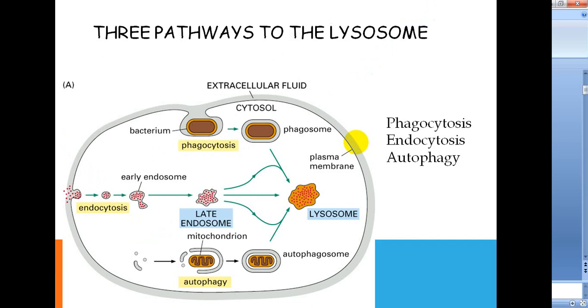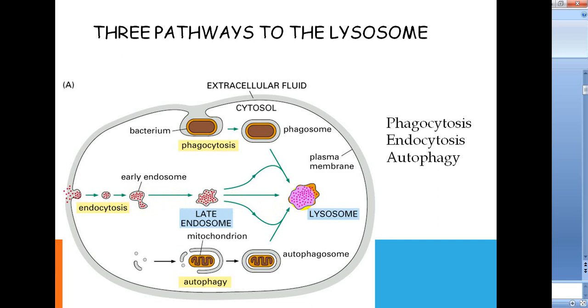So, there are three pathways by which these molecules move into the lysosome. These are phagocytosis, endocytosis, and autophagy. Through the process of endocytosis, these molecules move through the early endosome, late endosome, and to the lysosome.